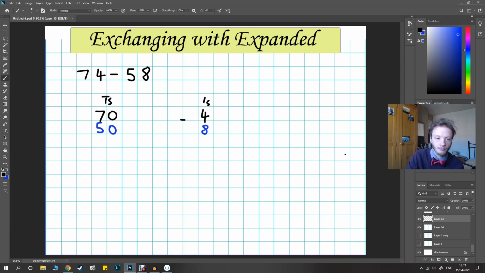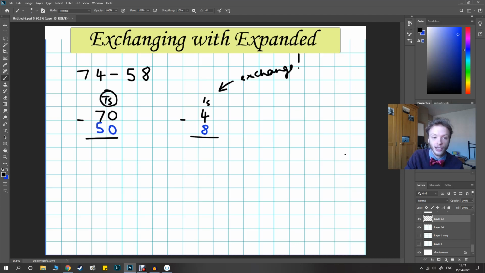And I'm taking away. Looking at my ones column, I can see already 8 is bigger than 4. I can't do 4 take away 8, so that tells me I will need to exchange. I will need to exchange from the tens column because that's the next column along.